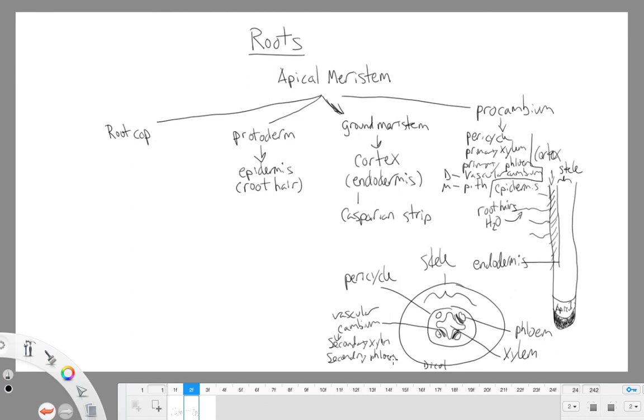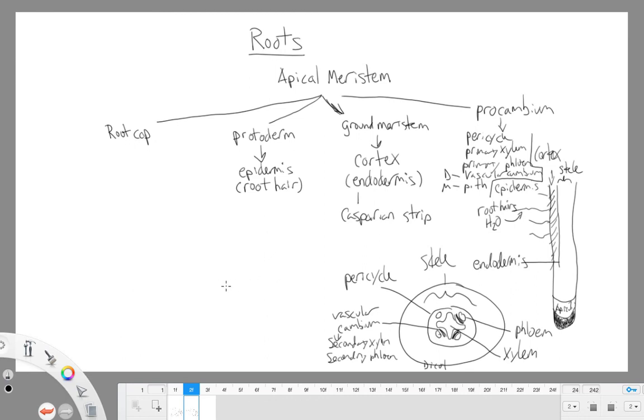Right, so that's producing our secondary xylem as this root is going to thicken through what we call secondary growth. That is done through the production of this secondary xylem and secondary phloem. So this vascular cambium produces more xylem this way, more phloem this way, and our root gets thicker. So that's our dicot root.